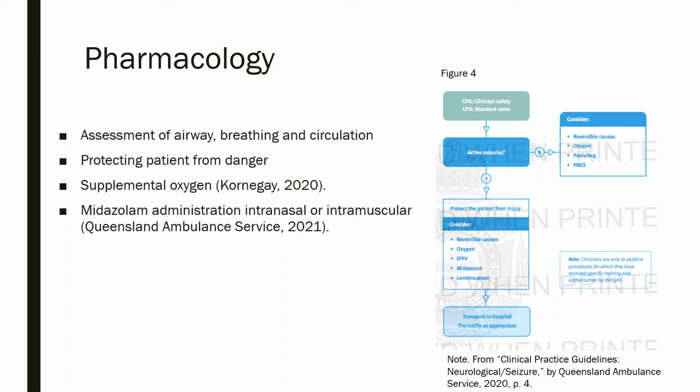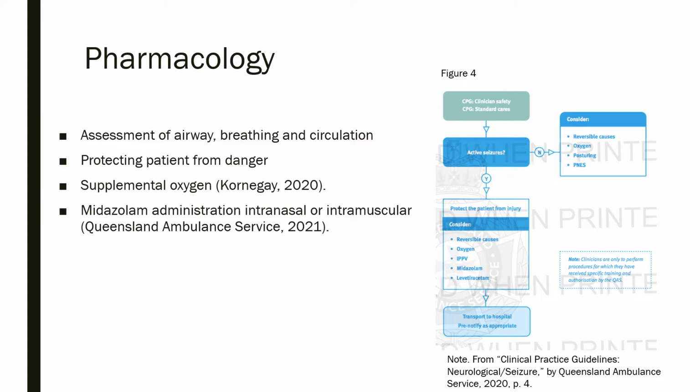Treatment for a patient actively seizing involves airway support, oxygenation, protecting the patient from danger, and benzodiazepine administration. Airway management involves placing the patient in a lateral position to assist in reducing the risk of aspiration, along with suctioning to remove secretions, and finally basic airway adjuncts like oropharyngeal and nasopharyngeal airway if the patient is unable to maintain their own airway.